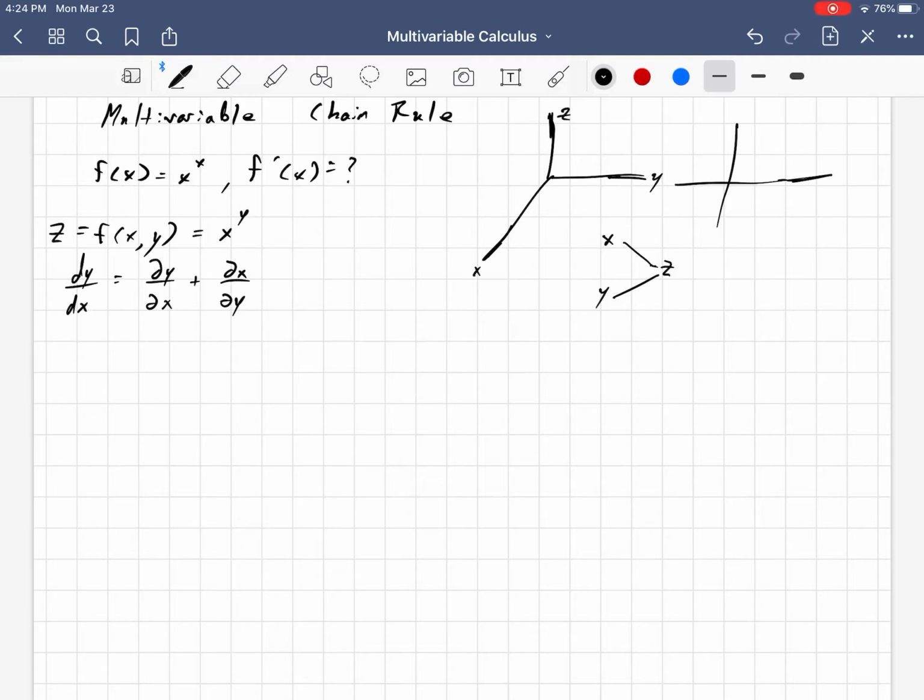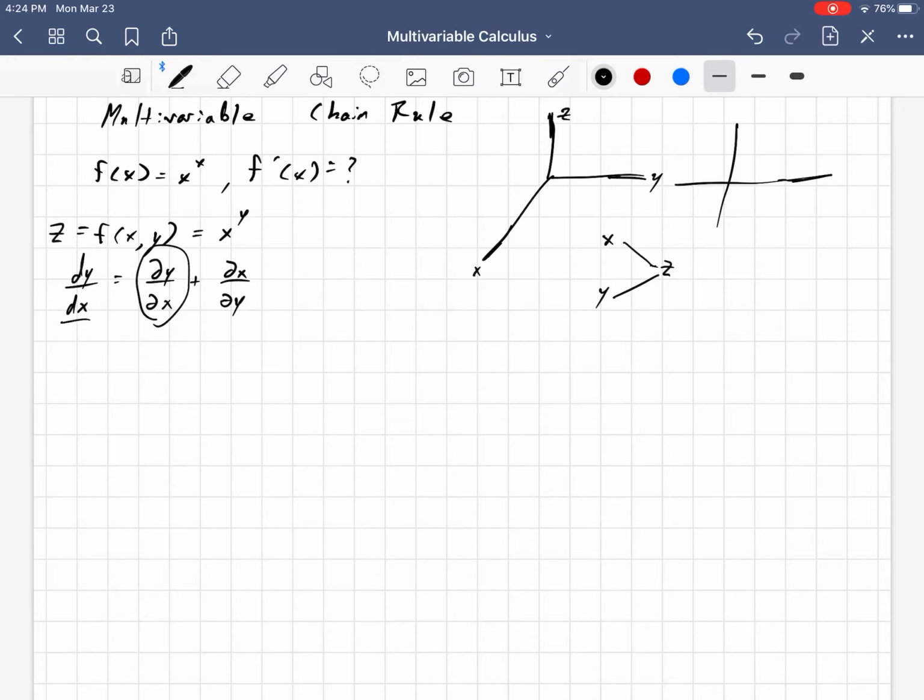So what I'm saying is that the total change dy over dx, so in other words, if I were to differentiate this implicitly, is the sum of the two individual changes, with respect to x when y is held constant, and with respect to y when x is held constant. That's what these partial derivatives mean.